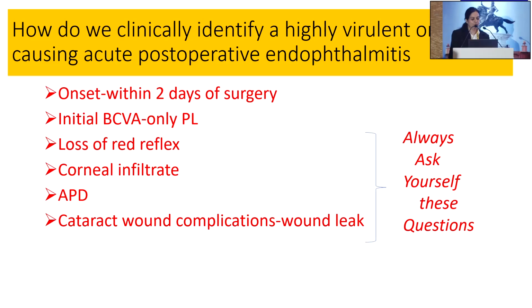And how do we clinically identify a highly virulent organism causing acute post-operative endophthalmitis? Onset within 2 days of surgery and poor initial visual acuity; they can come with rapid deterioration and loss of red reflex. A corneal infiltrate is a high indicator of Pseudomonas. Then there is pupillary involvement and cataract wound complications, especially wound leak.